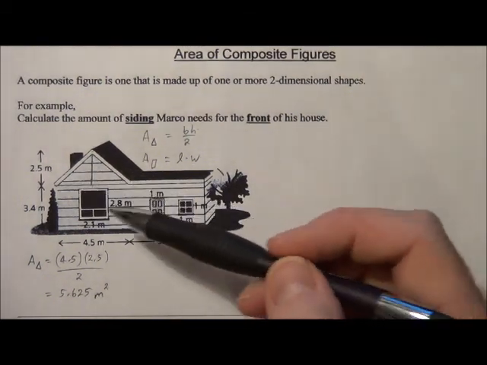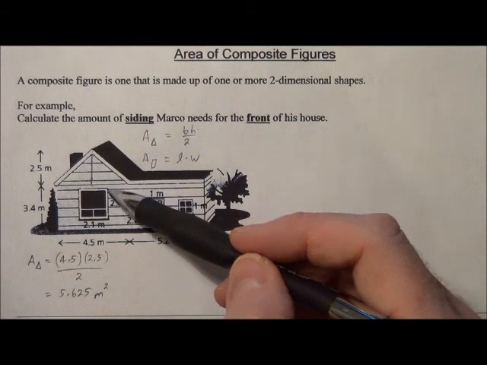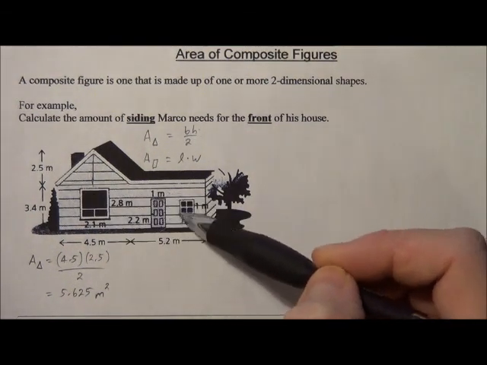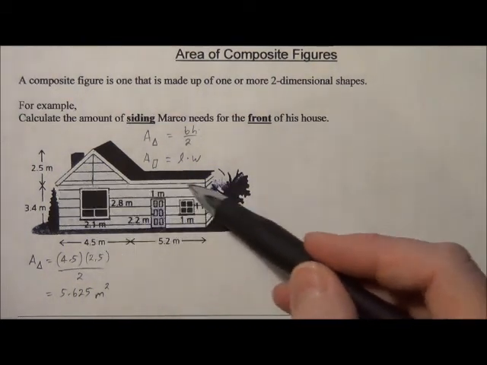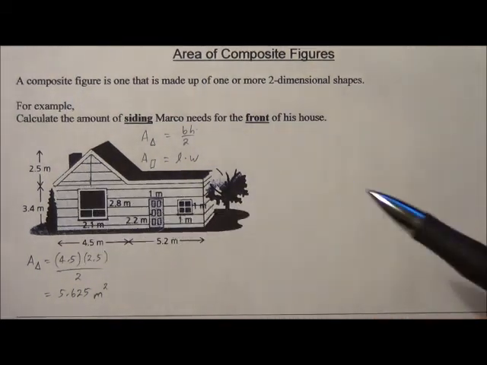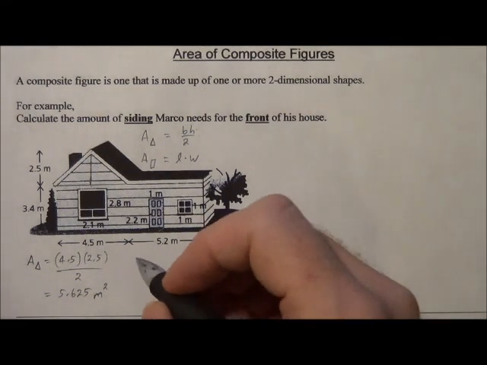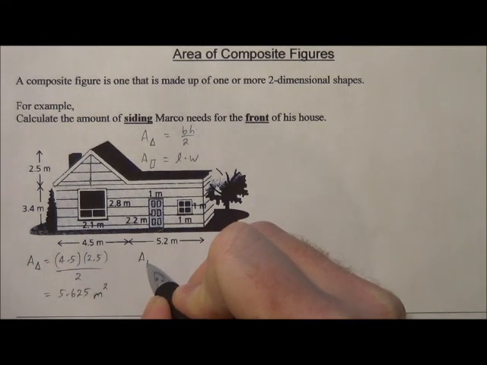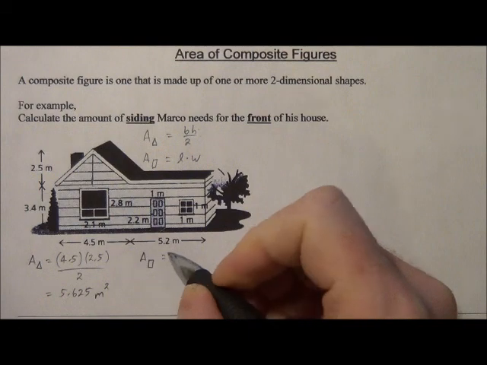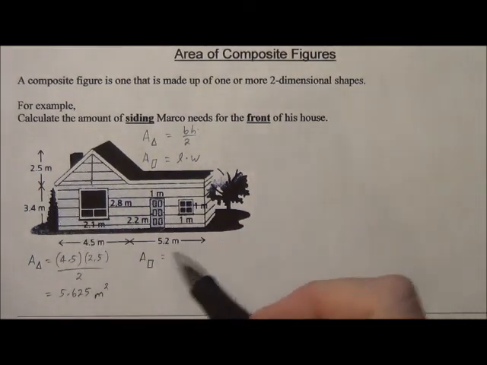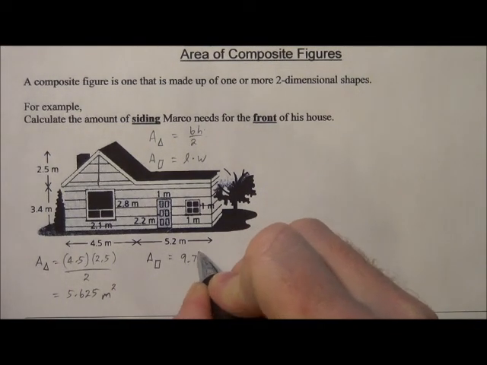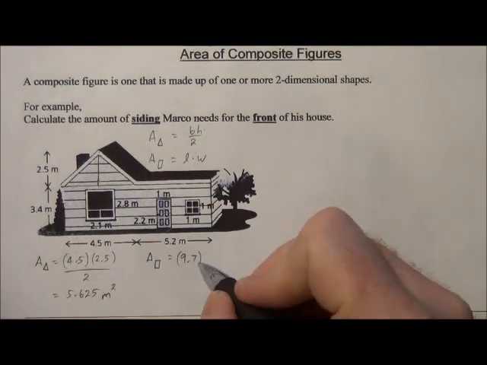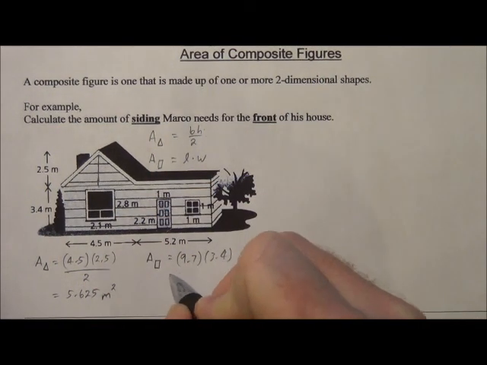Then instead of breaking this up into all kinds of different rectangles around the outsides of these two windows and the door, I'm just going to take the large rectangle and then subtract off the areas of the windows and doors here. So the area of the front of the house is length times width, and the length is 4.5 plus 5.2, which is 9.7, and then the height, or the width, is 3.4 meters.